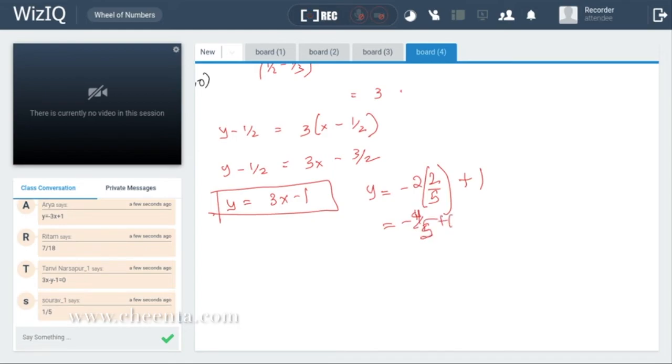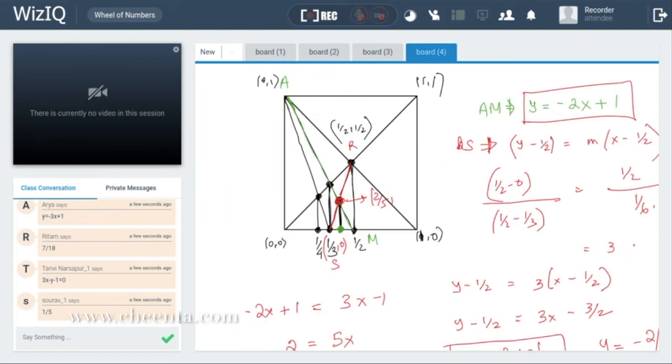So that is 1 by 5. So this is (2/5, 1/5). So the coordinate of this point, the green point, is 2 by 5 on the x-axis. Do you follow?